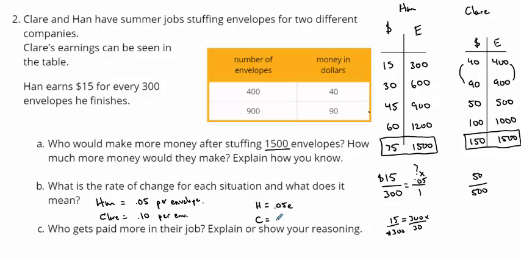Claire makes 0.1 or 10 cents per envelope. And we can see this rate of change is higher, right? So Claire gets paid more. And we could see Claire gets paid more here because they make the same envelopes. But now we have some more evidence of that. We have their rate of pay, right? 10 cents per envelope, 5 cents per envelope. That's a good thing to know, because now we can figure out how much money they make for any number of envelopes.